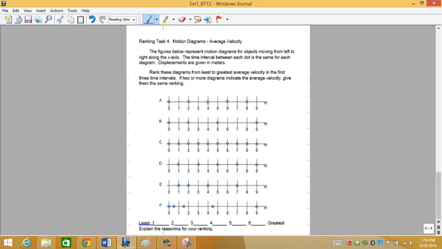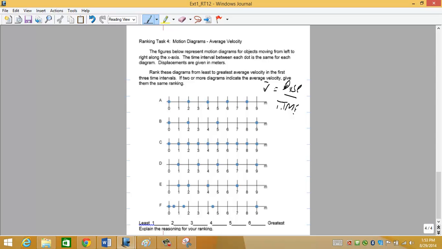This time we want the average velocity, but remember that the definition of average velocity is displacement over time. It's still 3 time intervals, so my time is going to be the same in all these situations, and therefore my average velocity ranking is going to be the same as my displacement ranking from the last extension.